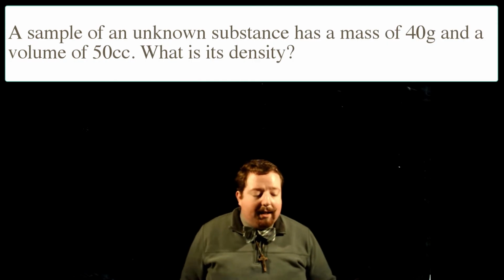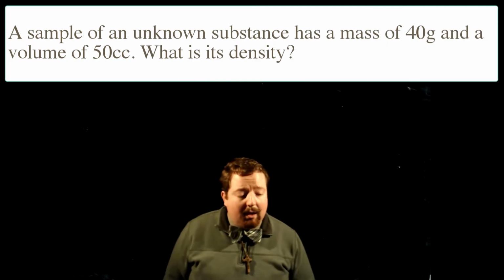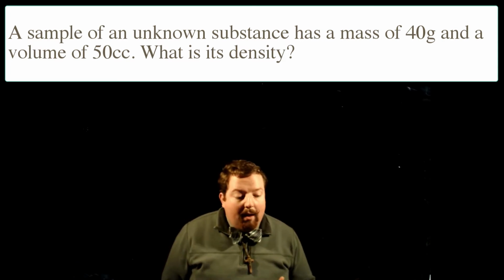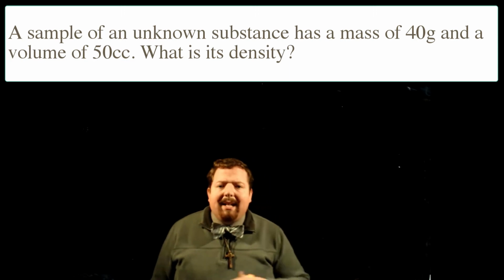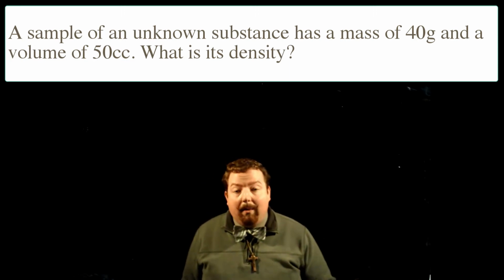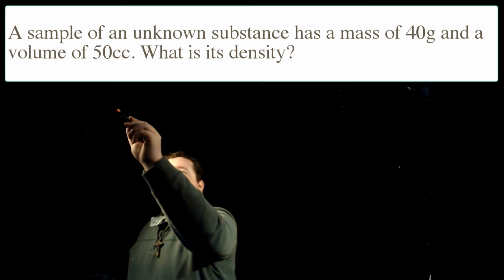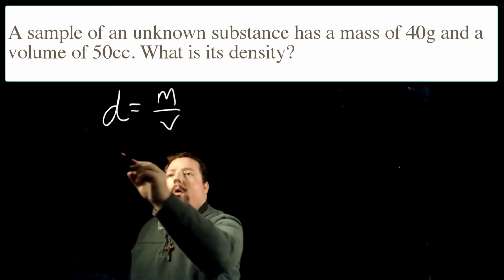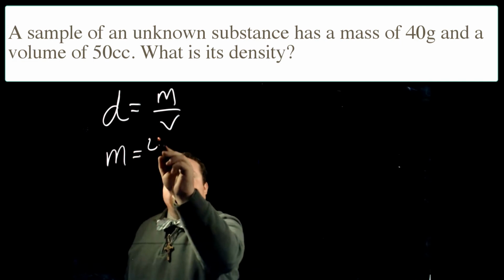The first question says that you have a sample of an unknown substance whose mass is 40 grams and volume is 50 cubic centimeters. So what is its density? The first step to any word problem is to write down what you know. So you know that the equation for density, d equals, is m over v. You know the mass is 40 grams.